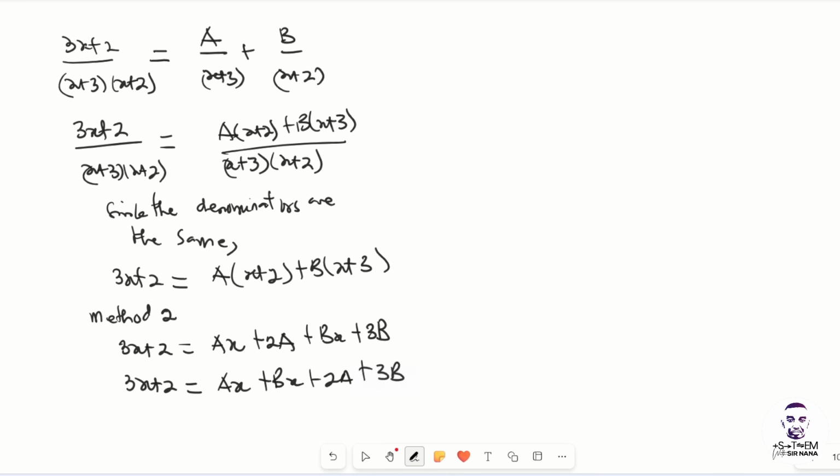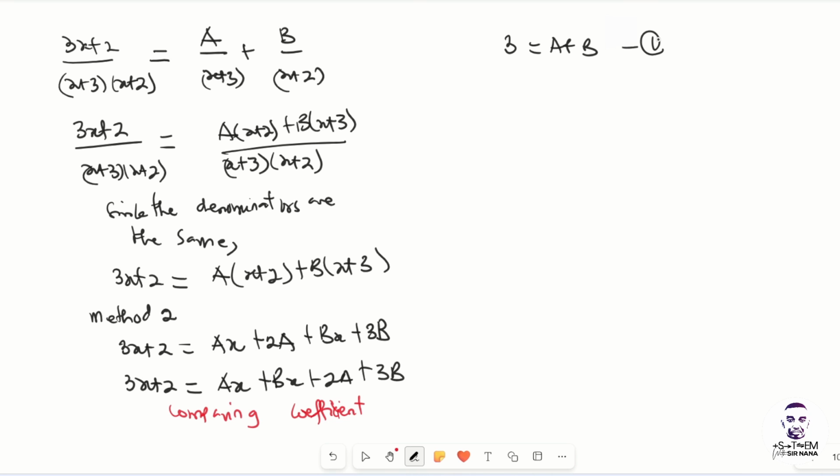Then we compare. So comparing the coefficients. What it means by comparing coefficients is that we are going to compare the x term on the left hand side with the x terms on the right hand side. Then we equate them. So it means that we are going to have 3, which has the x term right here, to be equal to a plus b.